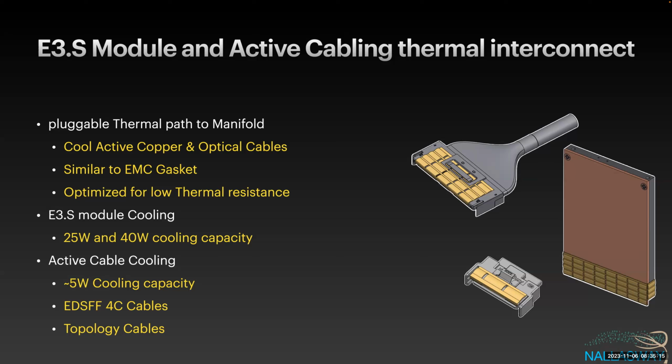So my desire is that we will be able to increase the density to include the 40 watt CXL memory modules, for example. And then I've mentioned the active cable cooling. I'm looking at a 5 watt cooling capacity, and we do that on the EDSFF 4C cables and the topology cables.